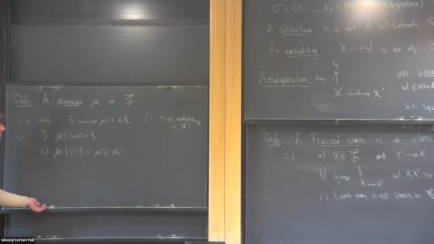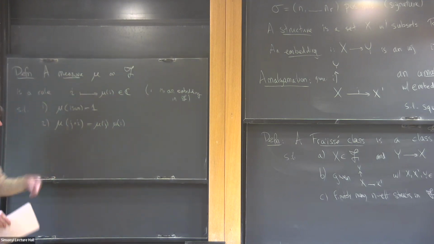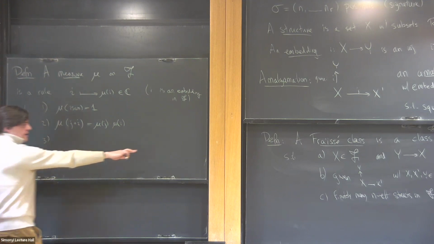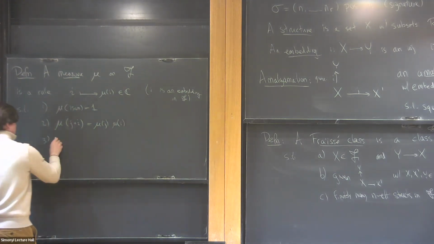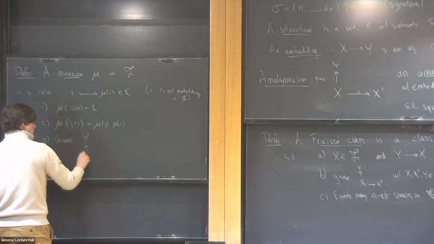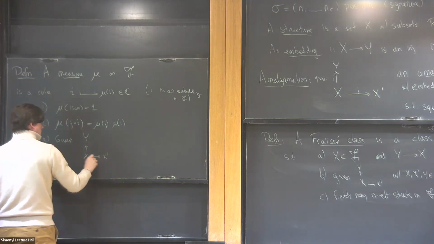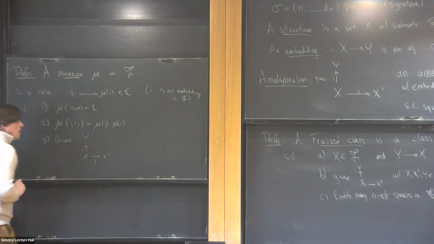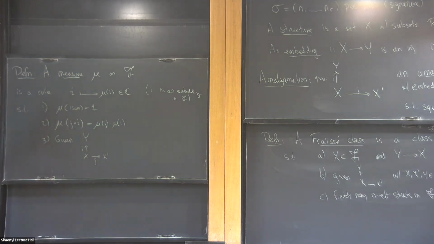And then the third condition is the one that's a little more interesting, and it involves these amalgamations. Given one of these amalgamation situations, we're going to list out all the amalgamations.